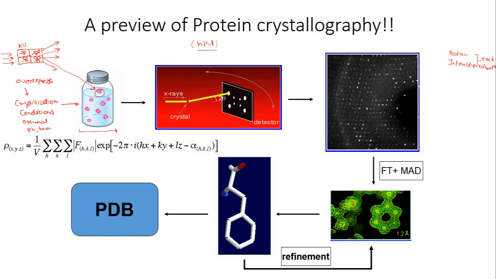Each reflection will have its own position and its own intensity. This is the data that you have once you have exposed your crystals to X-rays, and the job of the crystallographer is finished over here.